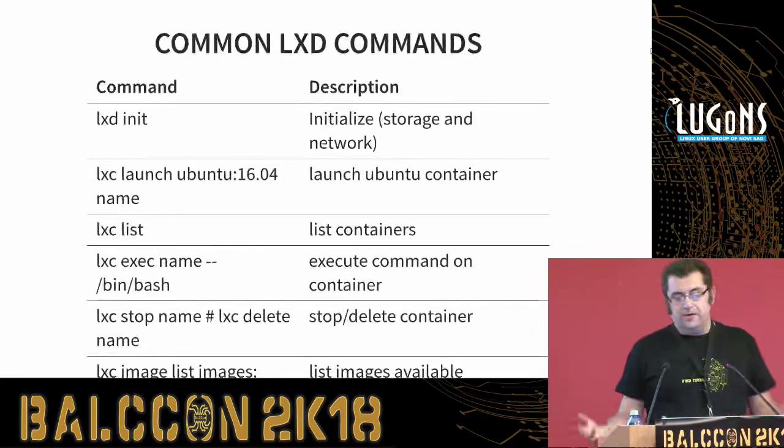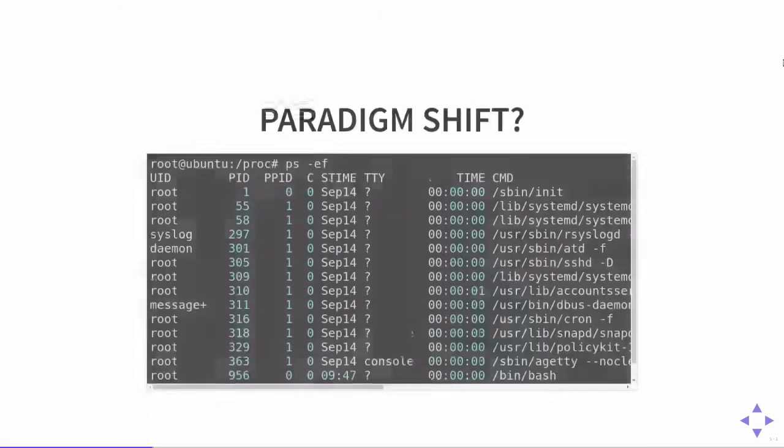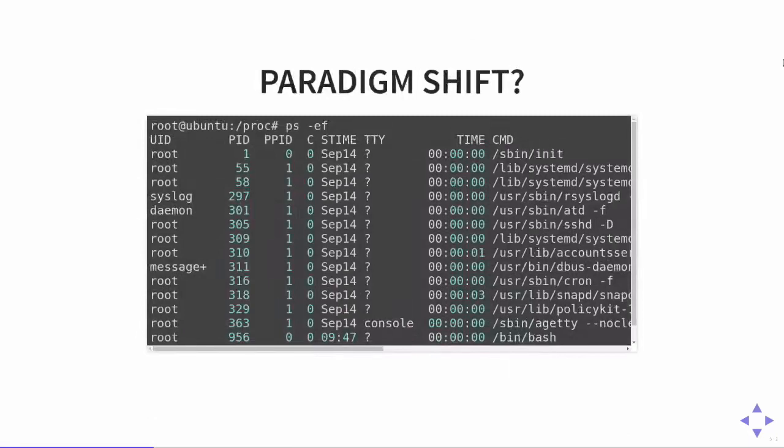Yeah, it's a standard thing. You can launch images, list containers, run commands inside a container, make your own containers and so on. The problem is, if you're looking at such a container, once you run any standard container inside LXD, you will get this list of processes, and you will see a lot of those.